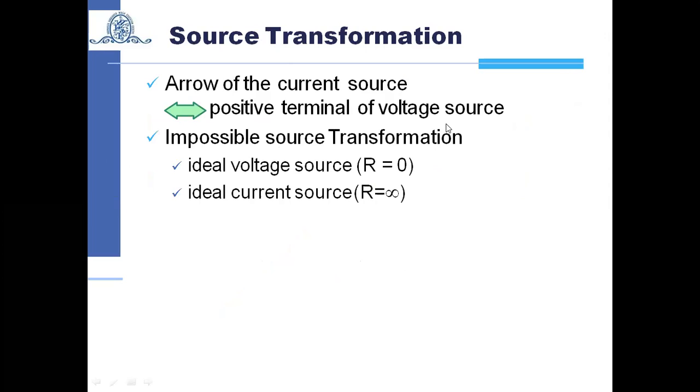It means that if we take the directions using sign conventions, the positive terminal of the voltage source is taken as positive. Now, for an ideal voltage source and current source, we can say source transformation is impossible when there is an ideal voltage source and a current source.